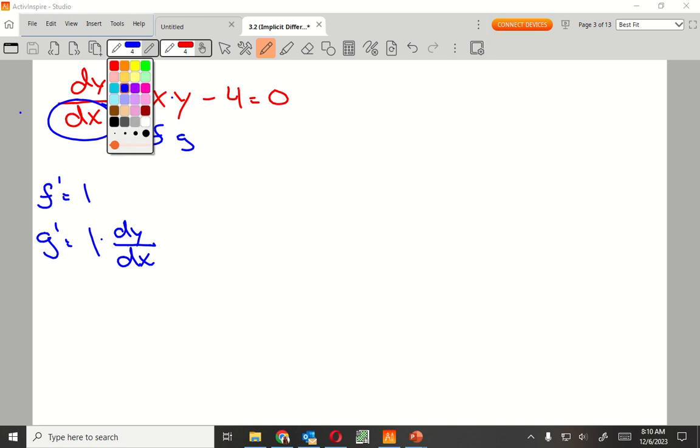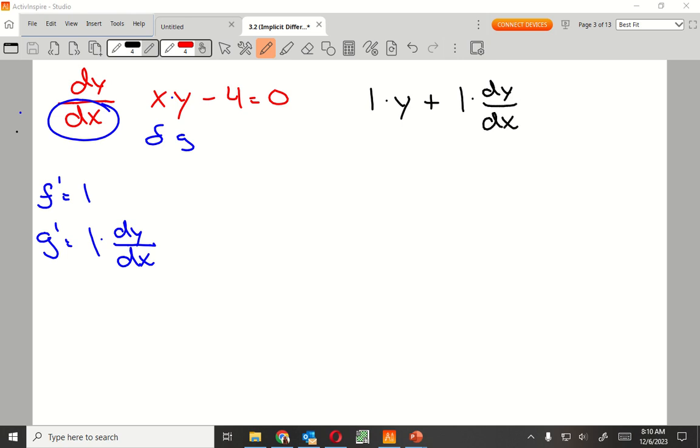So my product rule is f prime g, so it's going to be 1 times y, plus, sorry, product rule is a plus sign, g prime, which is 1 dy/dx, g prime f times x. Derivative of that negative 4 is 0, right? Okay, and all of this here, bring it all down, it's going to equal 0. Because the derivative of 0 is 0.